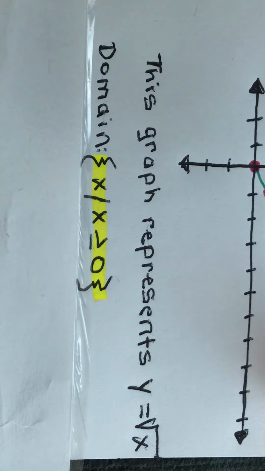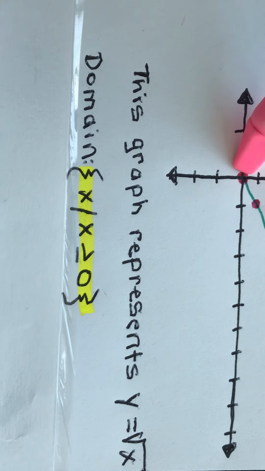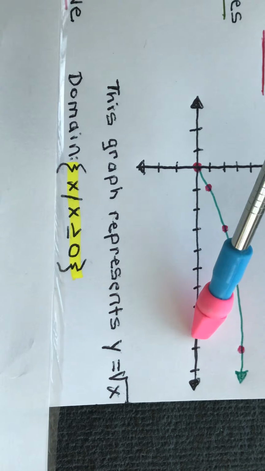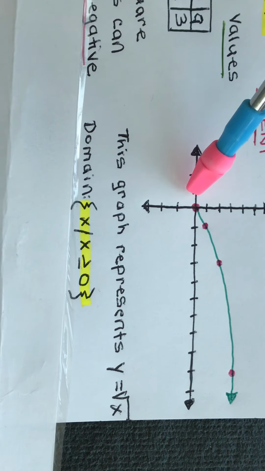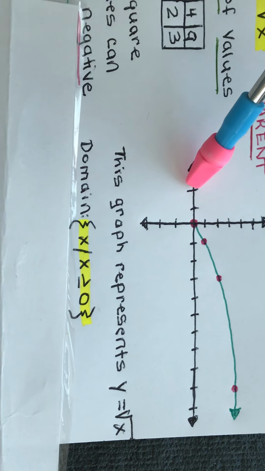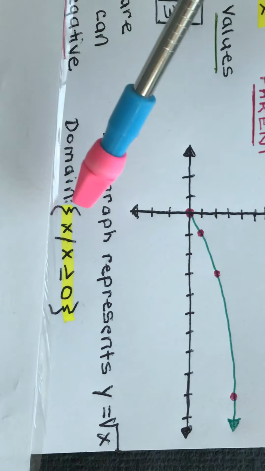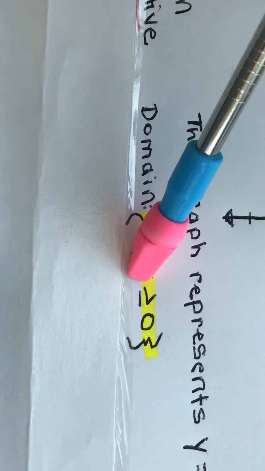These 3 points are all greater than or equal to 0. So 1, 2, 3, 4, 5, 6, 7, 8, 9, 10 are all on this graph. But -1, which is right here, and -2, which is right here, is not on the graph. So my domain is all x values greater than or equal to 0.